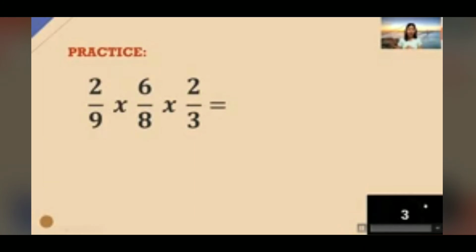Your time starts now. Any option that you will use, you will just get the same answer. So don't forget na kung saan mas madali sa'yo, you may use that.